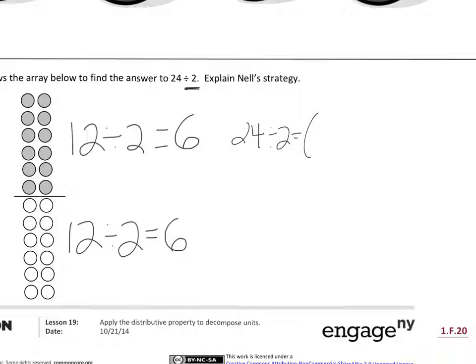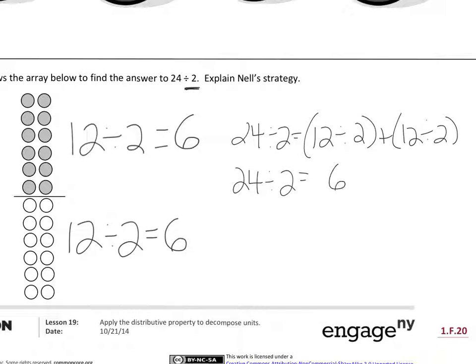Remember, we're adding our 2 number sentences. 12 divided by 2 plus 12 divided by 2. 24 divided by 2 equals, what did we say 12 divided by 2 was? 6 plus 6. 24 divided by 2 equals 6 plus 6 is 12.